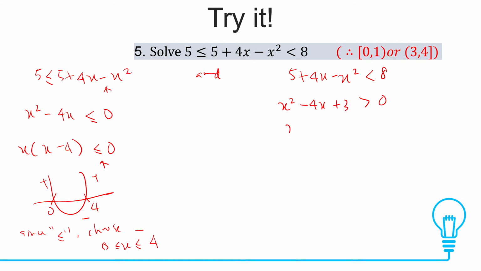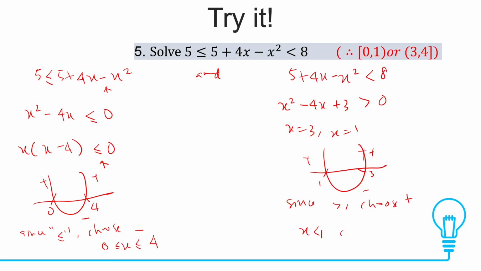By calculator, x equals 3 and x equals 1. Smiling face, 1 and 3, positive, negative. Since it is greater than, we choose positive. So I have x less than 1 or x greater than 3.